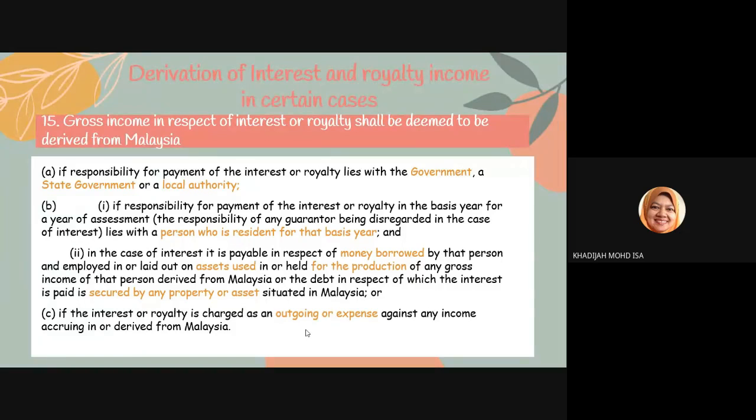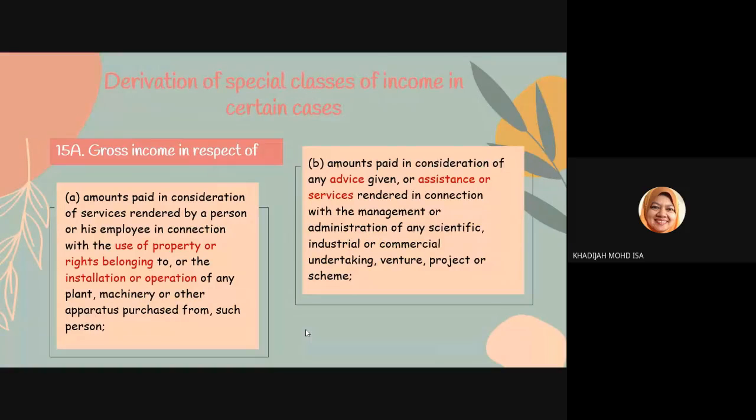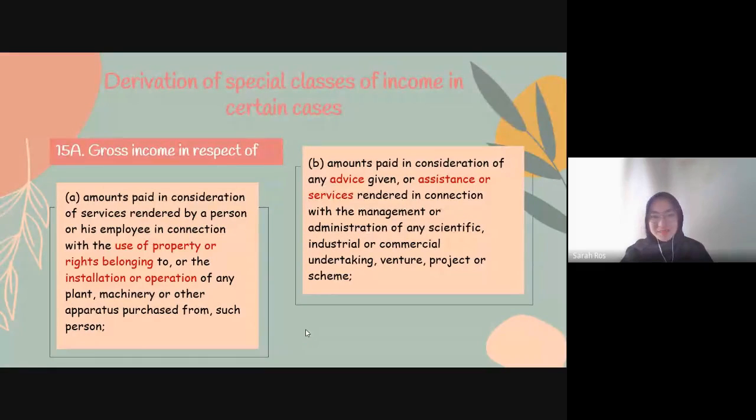All right, Rose, I give the floor back to you. Thank you, Doctor. Okay, I'll proceed with the derivation of special classes of income in certain cases.